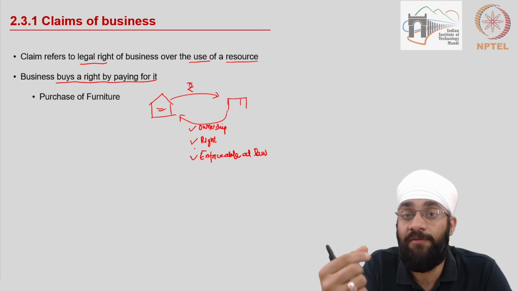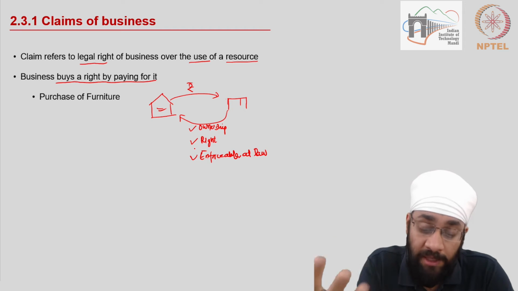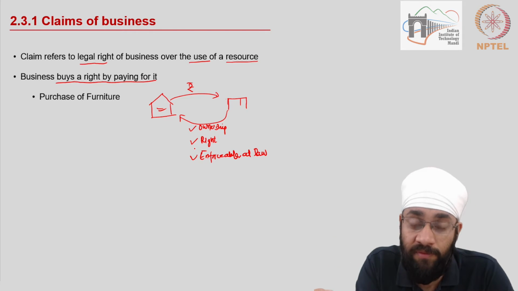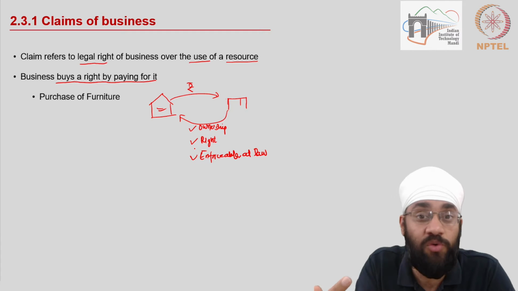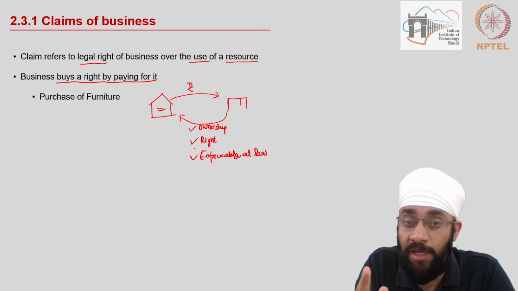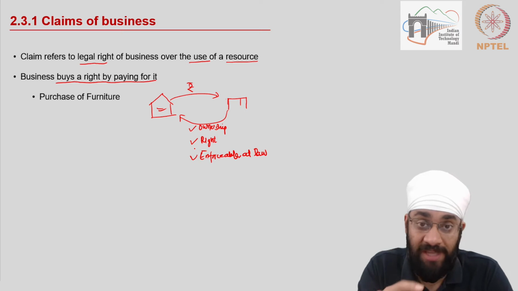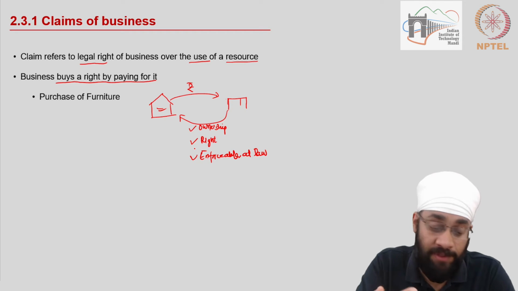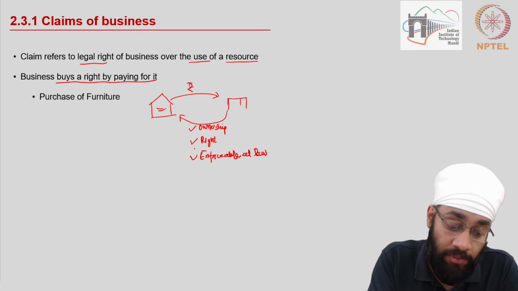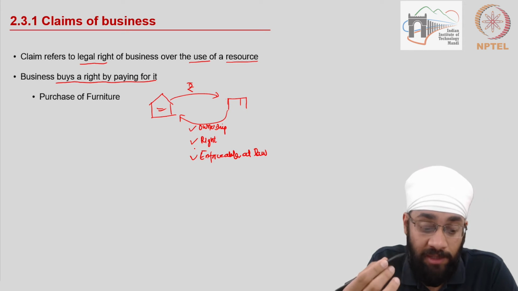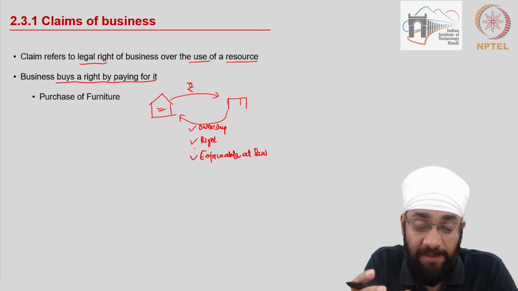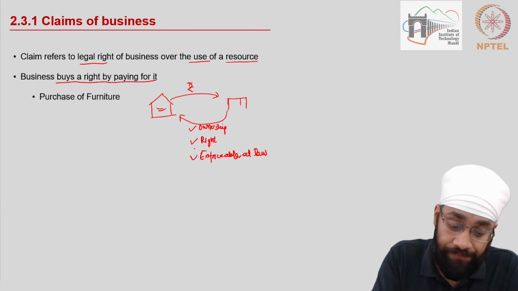You could really enforce the legal machinery of a country to have the right to use that particular resource for which you have paid. Okay, so that is the depth that we wanted to go into in order to interpret the term claims of business correctly.